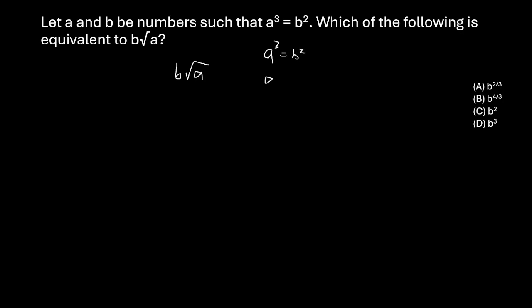So a would be equal to the third root of b squared. And we just put it here and we have the answer. But you see, they don't have any radical signs, they only have fractions.